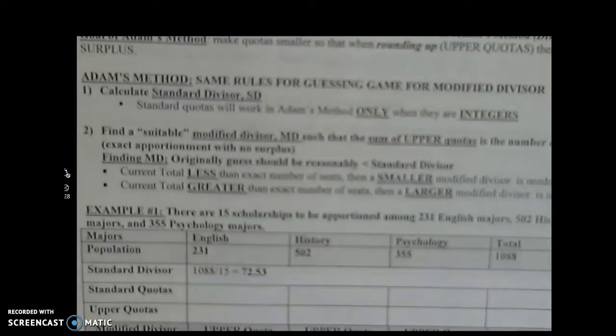Remember, we had an upper violation and a lower violation. So it produced some upper quota violations by the Jefferson method. I think it was 1832 was the last time that they used the Jefferson method.